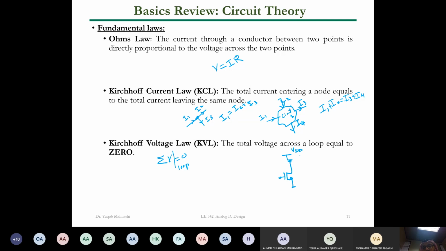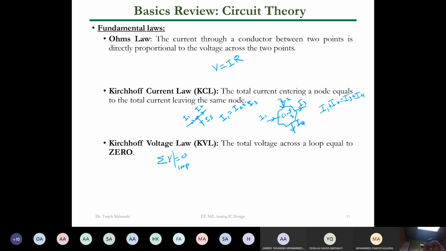If you have VDD and, for example, ID and RD here. I'll try to make it more challenging for you. Let's find VD. What is VD here? Oops, sorry. I don't know what happened here. Okay, let's try finding VD.